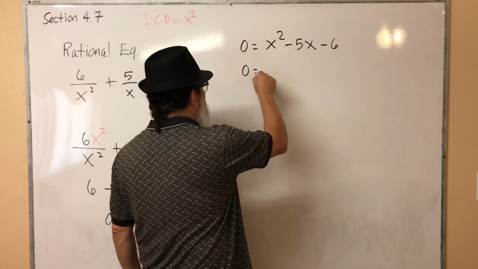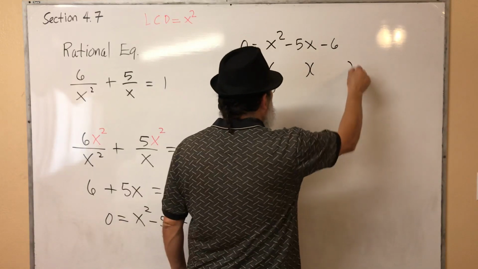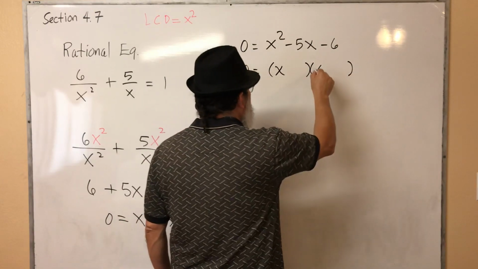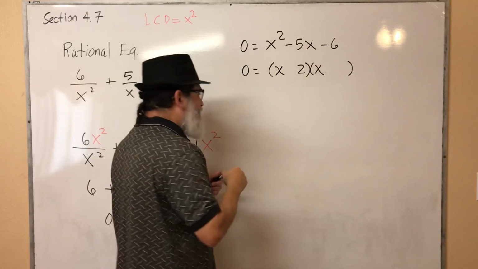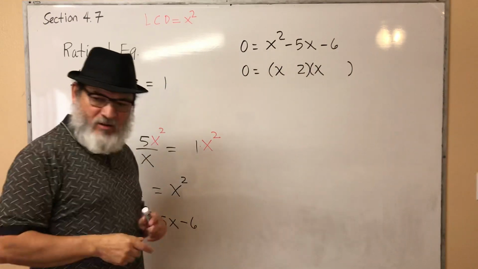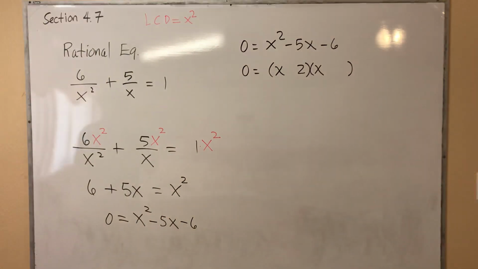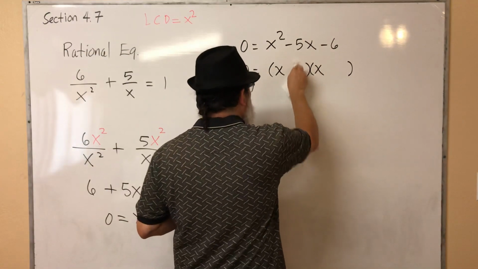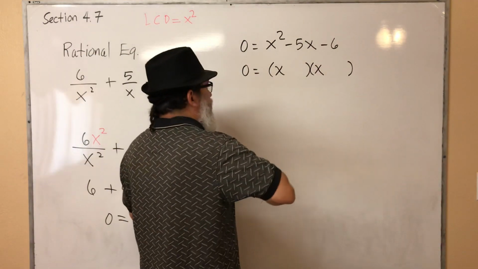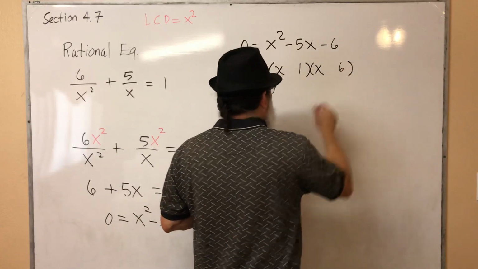So 0 equals, factor, x times x, 1 times 6. Okay? One times 6.